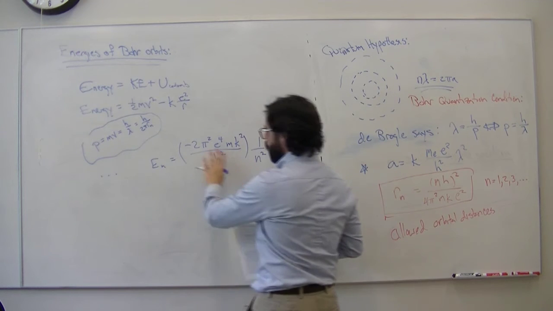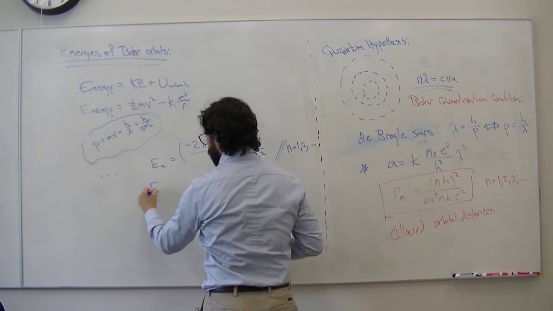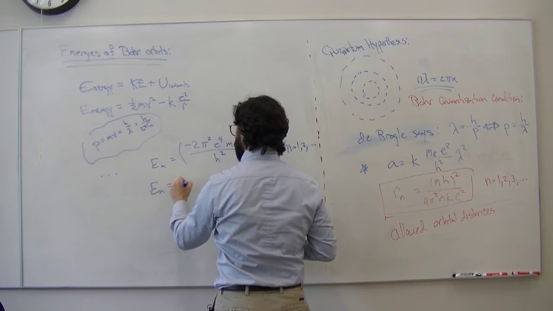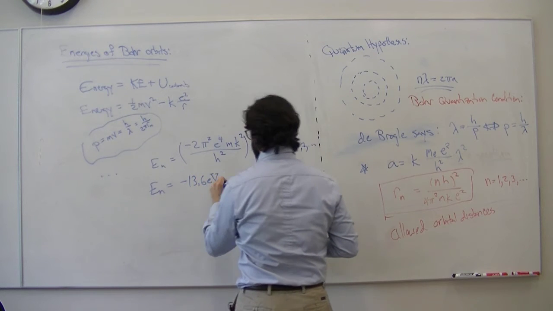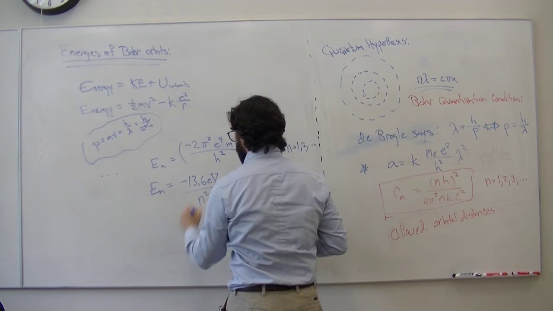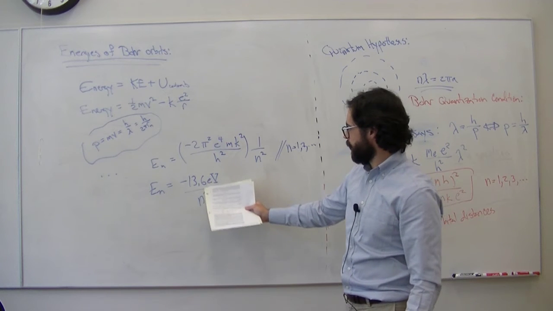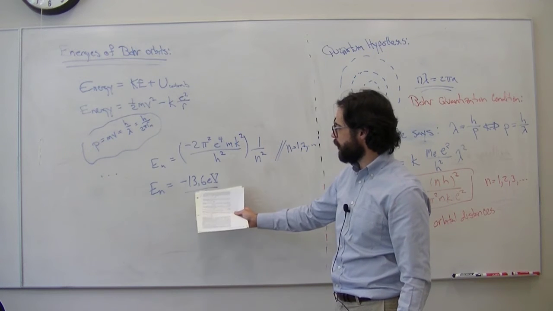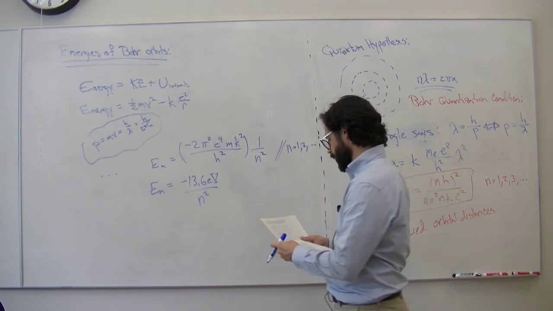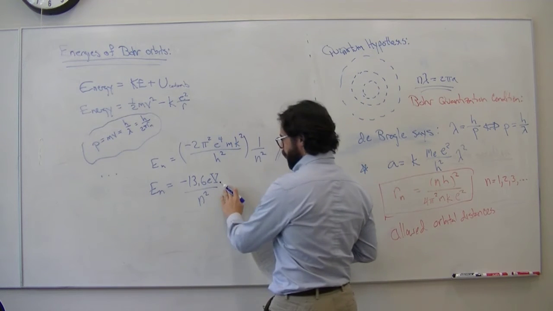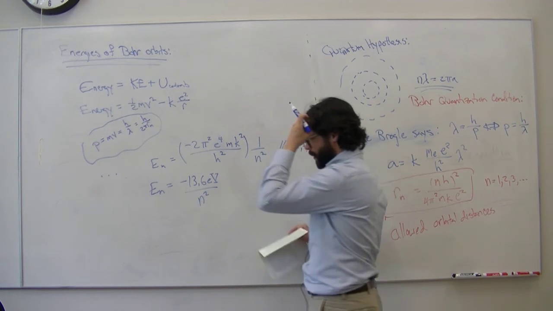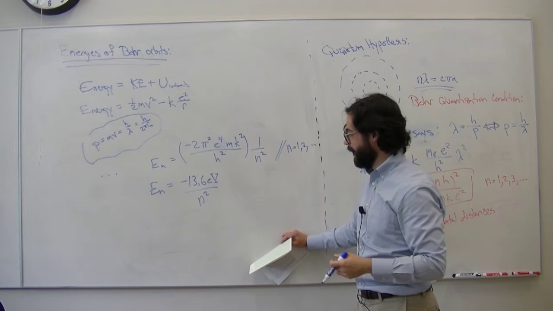So let's just evaluate this once. And this is unitless. This actually is an energy. So there's a thing called the electron volt. And the electron volt is the energy that an electron picks up when it goes through 1 volt.